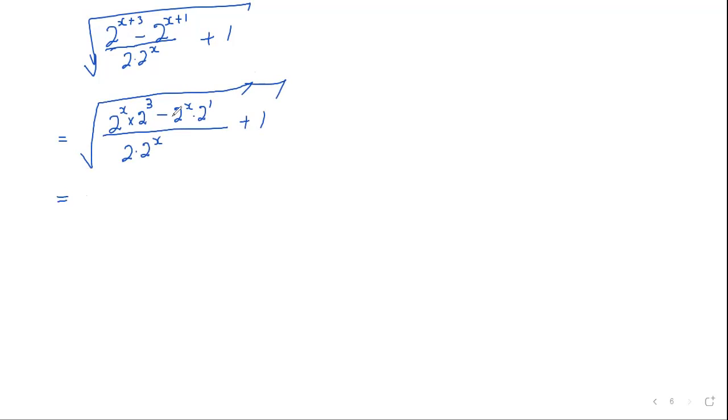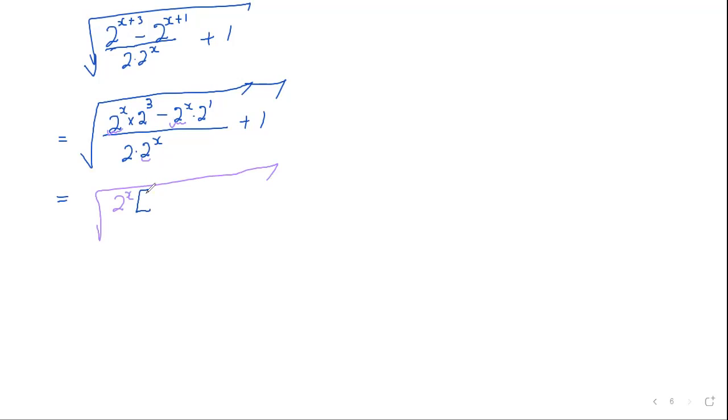You're supposed to realize that 2^x is common on top there. 2^x is a common factor. We have 2^x here, we have 2 exponent x here, and we also have 2^x there. On top, we write 2^x and take it out.